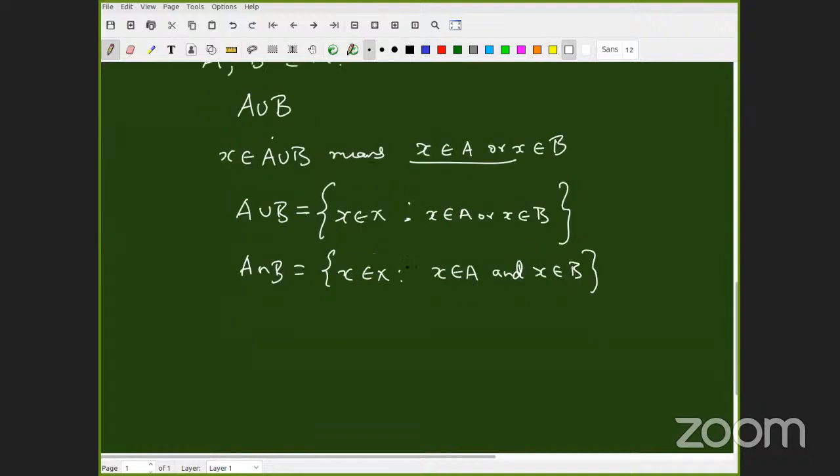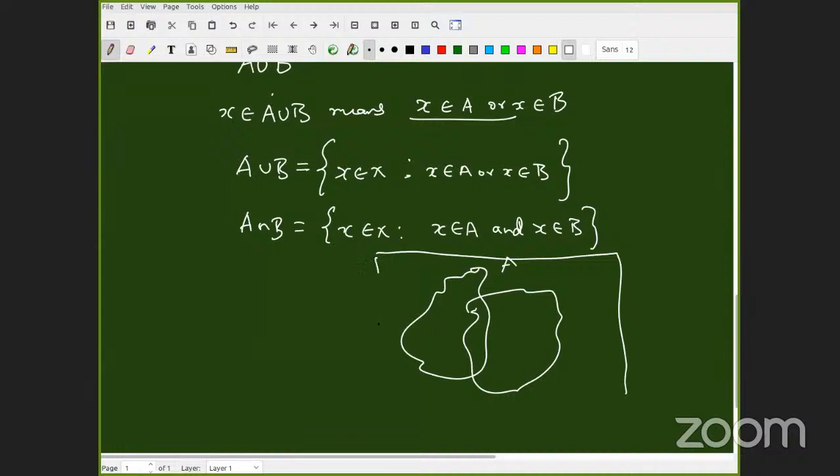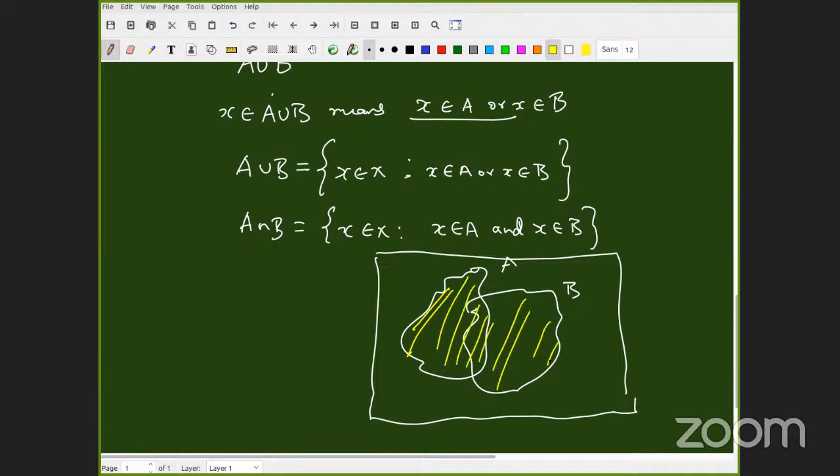Okay. All of you would have seen this through pictures, right? A Venn diagram you would have drawn during school time. A is a set, B is a set. Something you would have used for X, a bigger set. What is A union B? Collection of all points, right? You would have marked it like this. Correct? All of you would have.